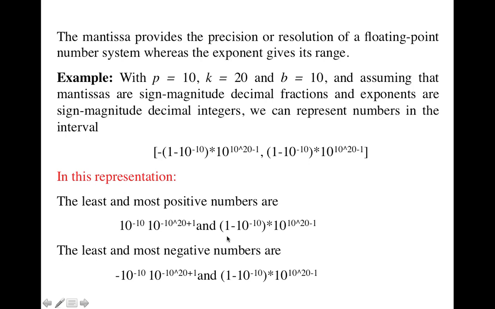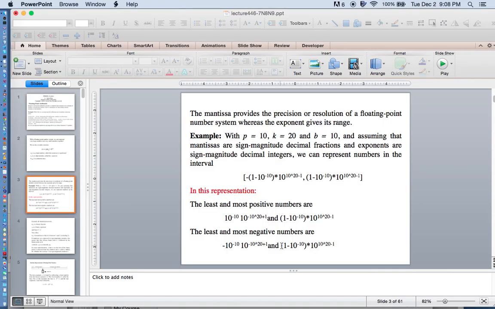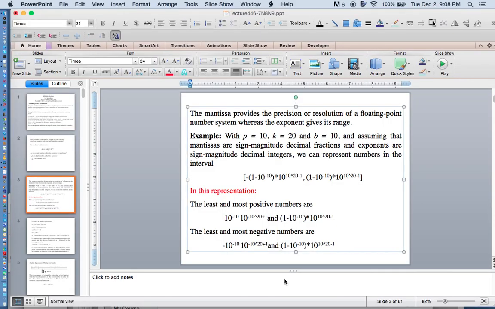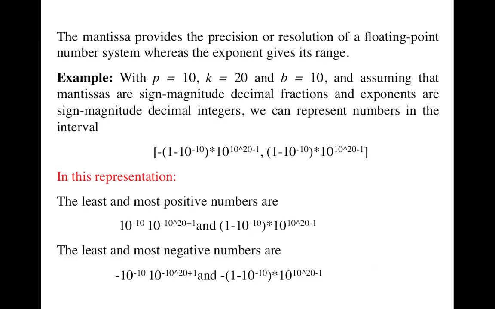And of course, there's a negative sign here, which we haven't quite indicated, and which we have to place right there. That makes it negative. And so those are the least and the most negative numbers that we could have. Again, the most negative number matches this, but the least one is this other number.